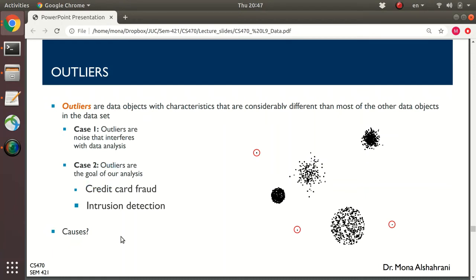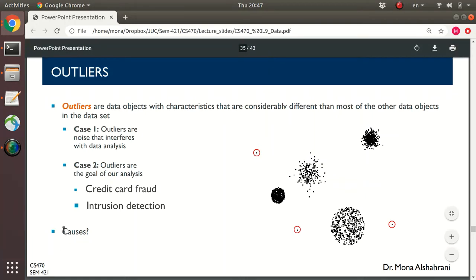So what could be the reasons for the occurrence of outliers in a data set? It could be the way the data is being collected. For example, if the data is being collected by an instrument, there could be some defects with this instrument. For example, a common defect is in genomic data, such as the genomic sequences or the DNA that we discussed earlier.